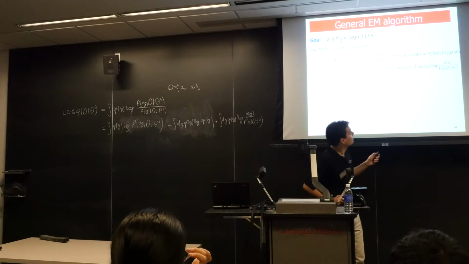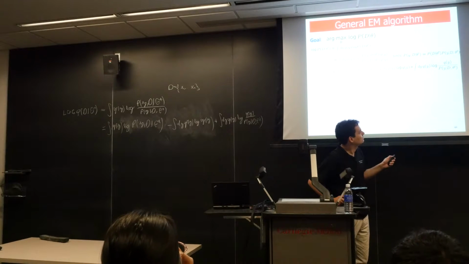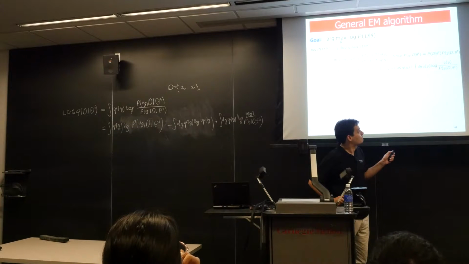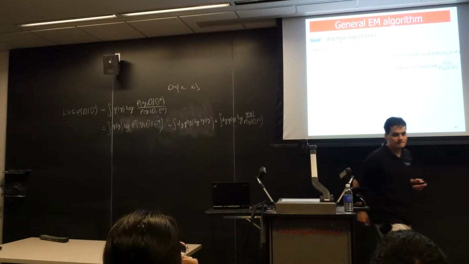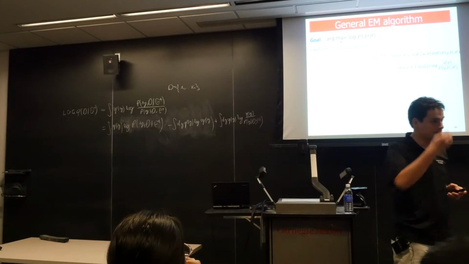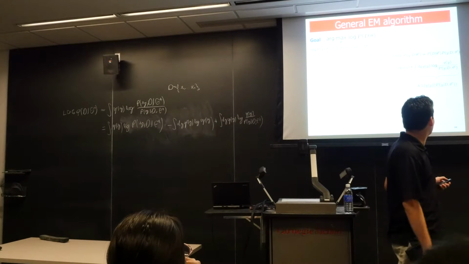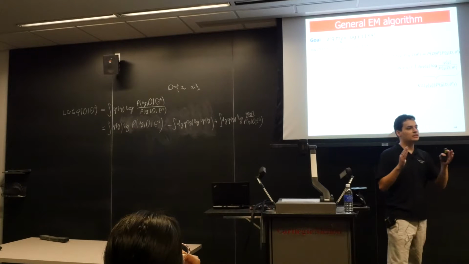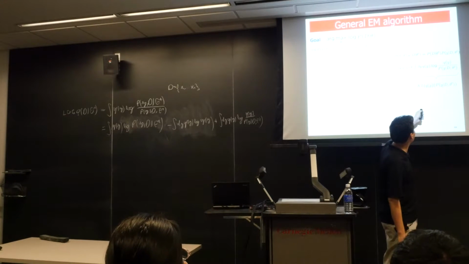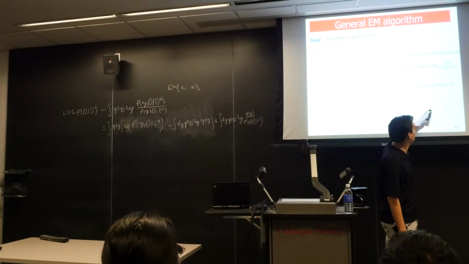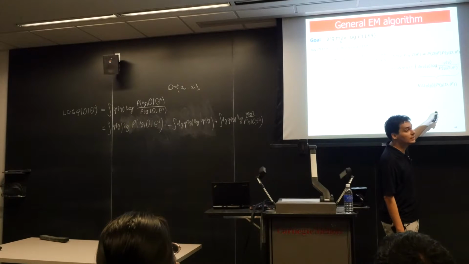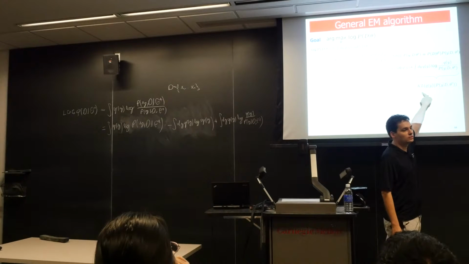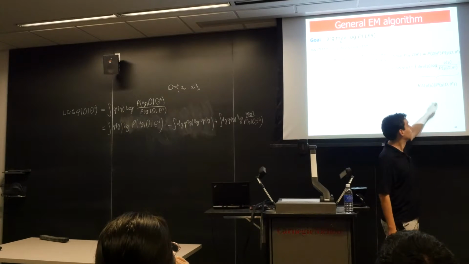And what's this expression here? That's a Kullback-Leibler divergence. It's like a distance between two distributions. So this is the Kullback-Leibler divergence between distribution Q and p of y given data and theta t. This is always non-negative. That's what we know about it, and that's what we will use.